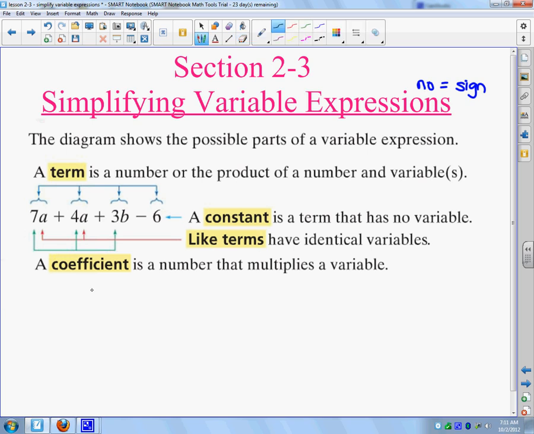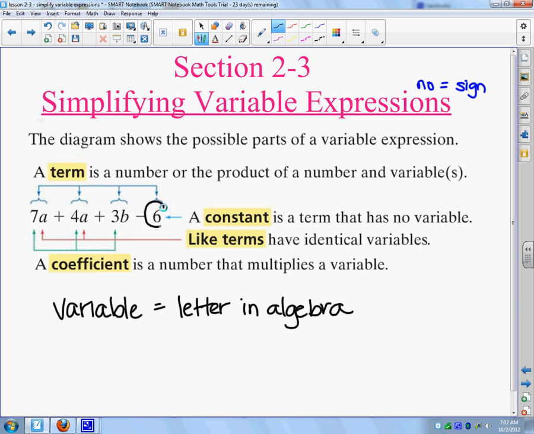And remember that a variable, you might need to write that down if you don't remember, is a letter in algebra. So notice how we have A's and B's. A constant is a term, so it's a number without a variable. So it's like 6 or 2 or 1/2.